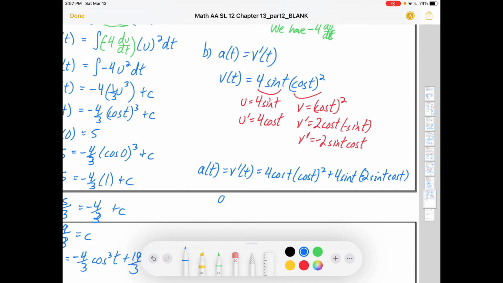Woo, there's a lot going on here. So acceleration would be 4 cos cubed of t plus, I guess that'll be plus a negative, so minus 8 sine squared t cos t. Okay. And hopefully we haven't made any goofs there. All we've done is use the product rule, but there was a fair bit going on.